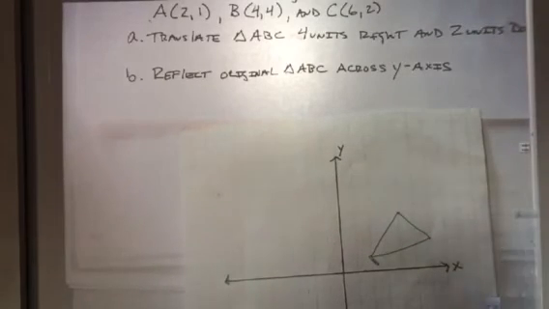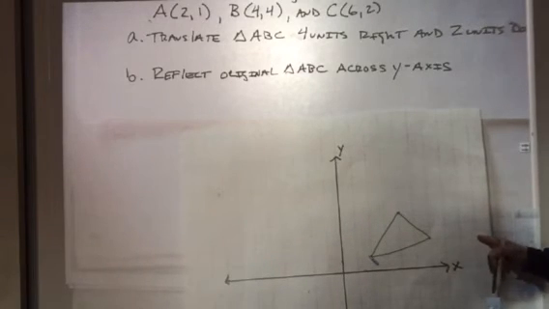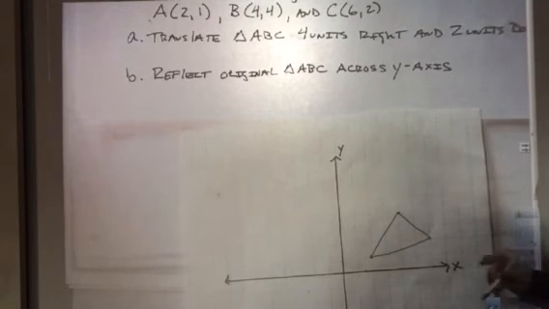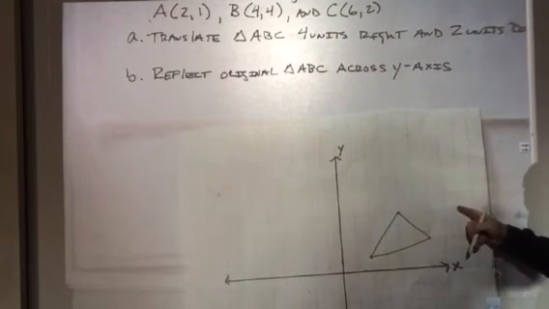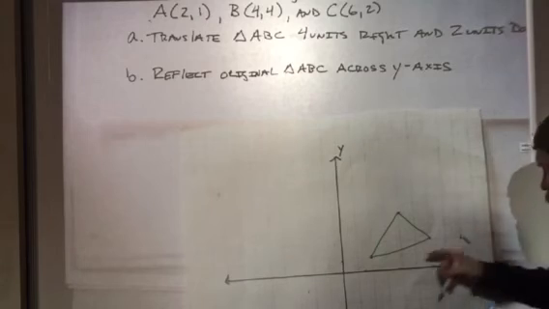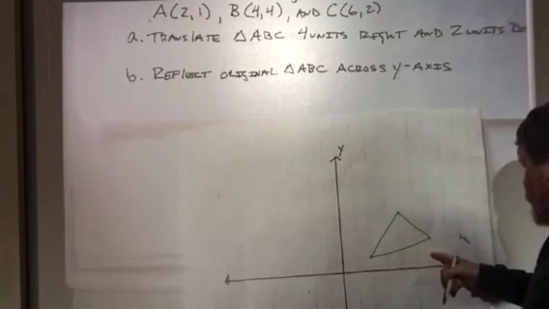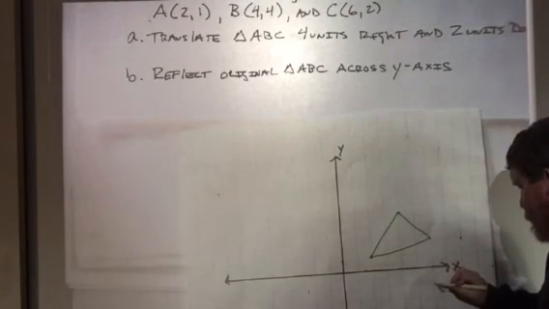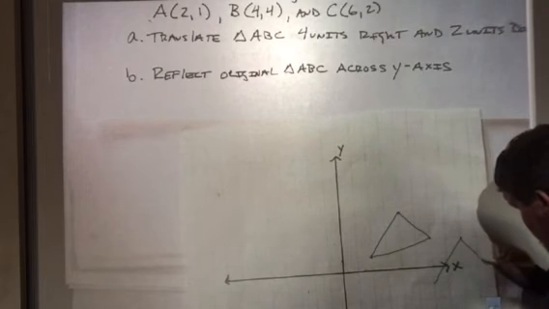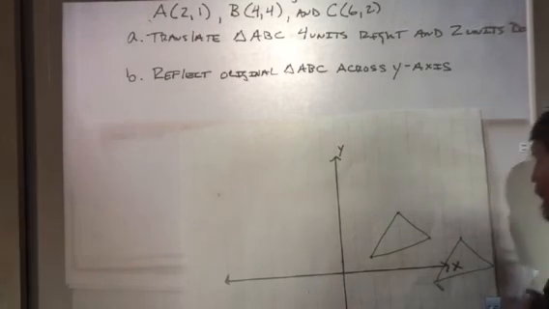It says translate 4 units right, 2 units down. So 4 units right, 1, 2, 3, 4. Down 1, 2. So we translate it.